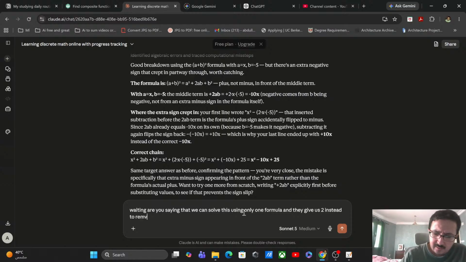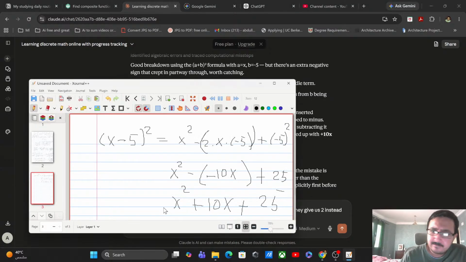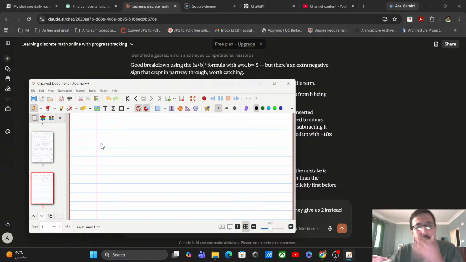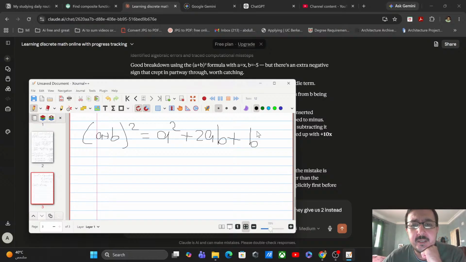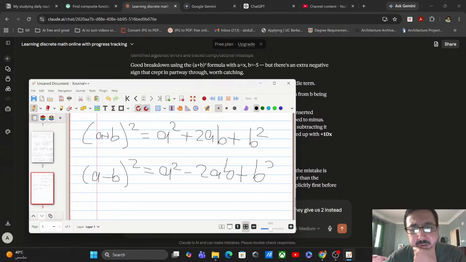To remember, it says a plus b squared equals a squared plus 2ab plus b squared, and a minus b squared equals a squared minus 2ab plus b squared.